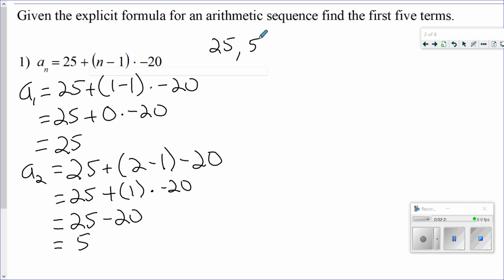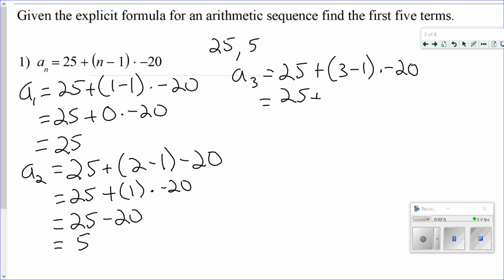Now let's do a sub 3. A sub 3 will be 25 plus 3 minus 1 times negative 20. Now you've got 25 plus 2 times negative 20.